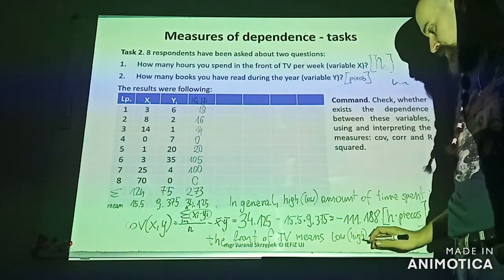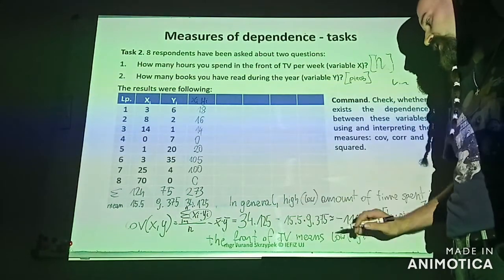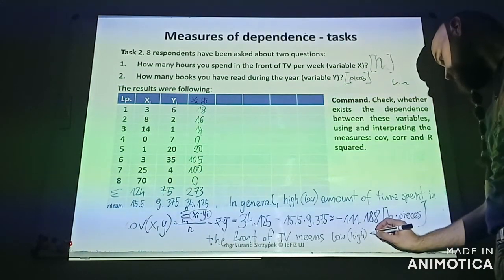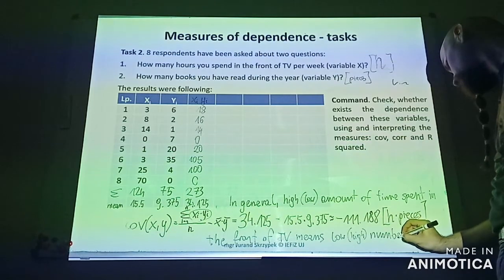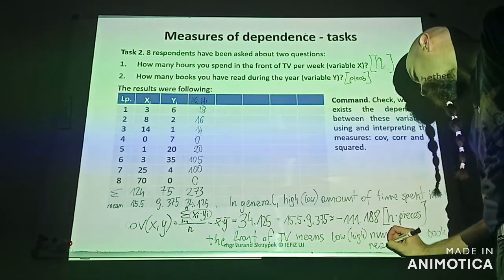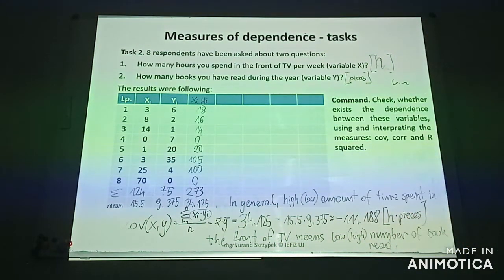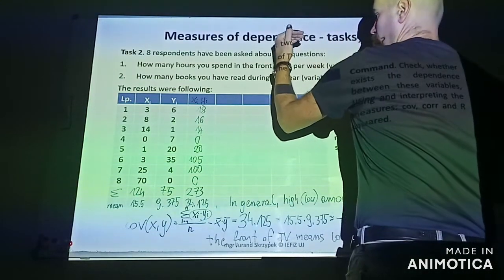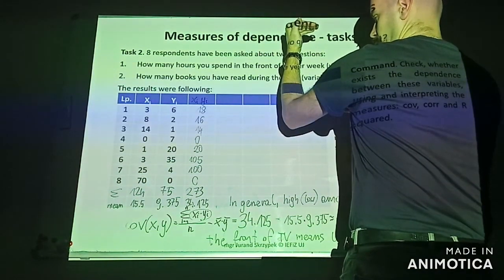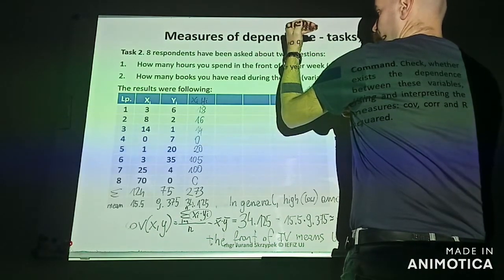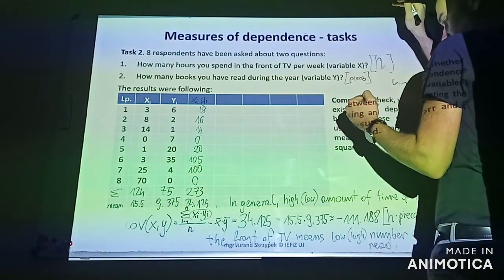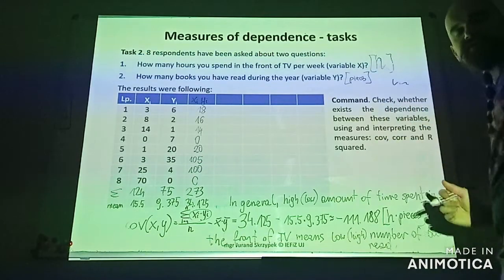If we start with low, here we repeat high. If we start with high, here we repeat low. High level of one variable means low level of the second variable, and inversely, low value of one variable means high level of the second variable.